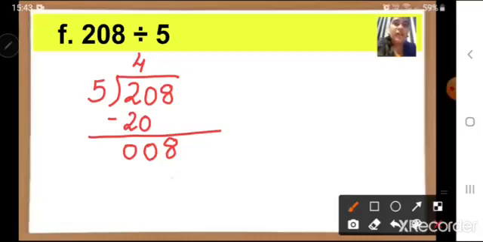So we have to find a nearby number, which is 5 ones are 5. So I will write 5 ones are 5 and then we will subtract. 8 minus 5 is 3. Correct? So our remainder is 3 and our quotient is 41.